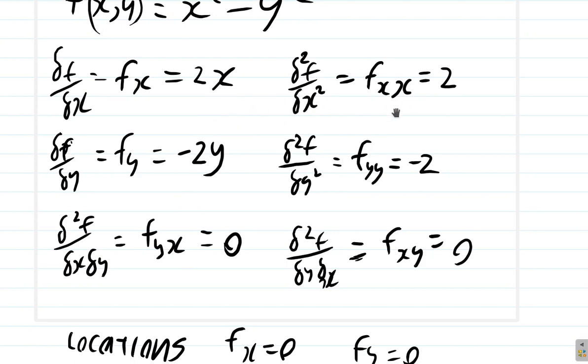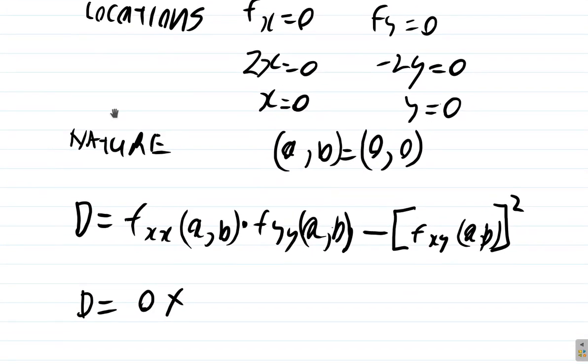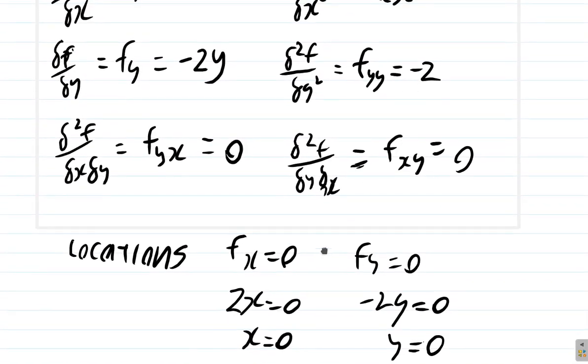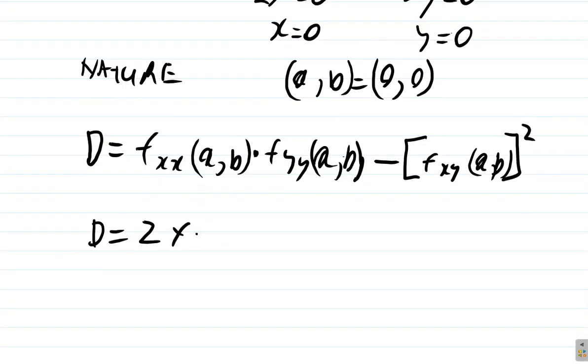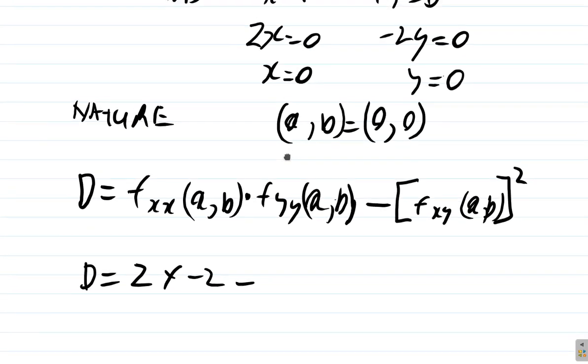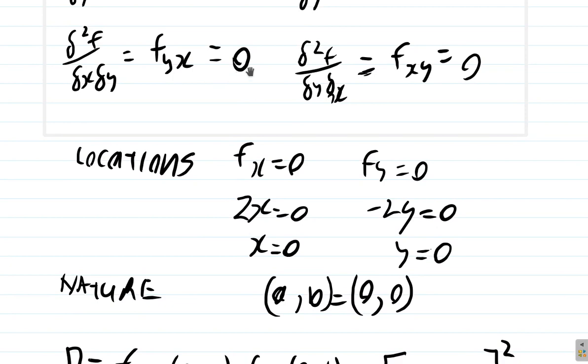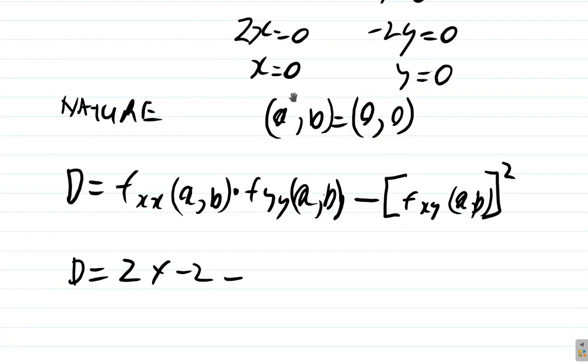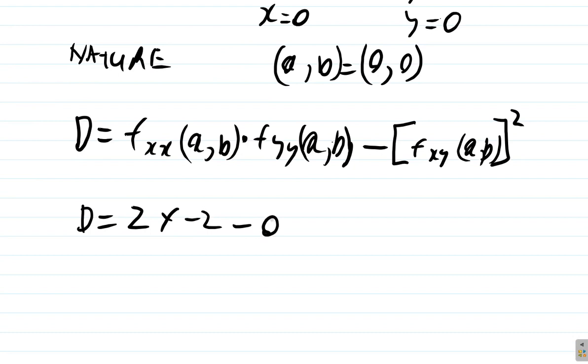Fxx, where was fxx? Oh, fxx was 2, not 0. I was looking at the wrong thing a while ago. 2 times fyy, and fyy was what? Negative 2. So we have this and this multiplied, minus fxy(a, b) squared. Fxy was 0, so 0 squared is 0. What does this give us? Negative 4.